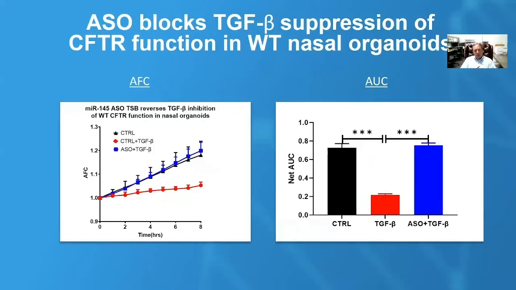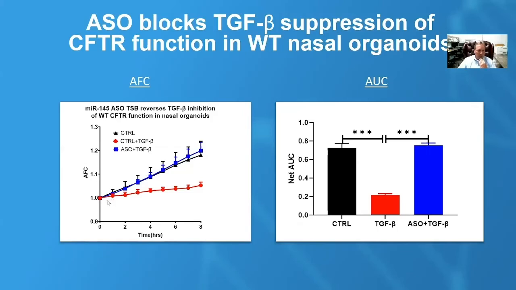So now moving from those biochemical measures to functional measures, this is wild-type nasal organoids, establishing the proof of concept that in wild-type cells, the ASO TGF-beta miR-145 axis is preserved. In these organoids, CFTR function is measured by the swelling of the organoids, which we call the average fractional change, or AFC.